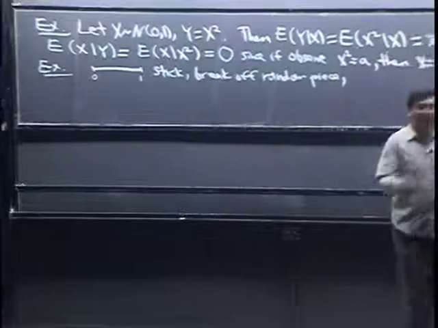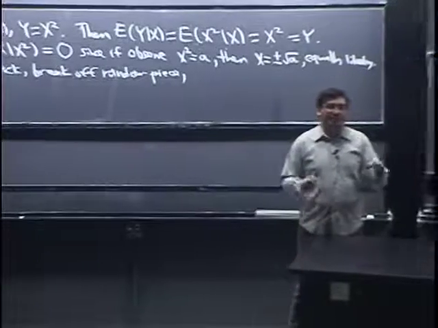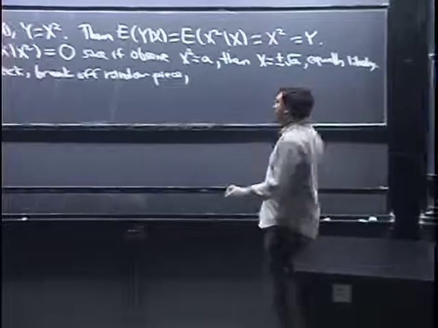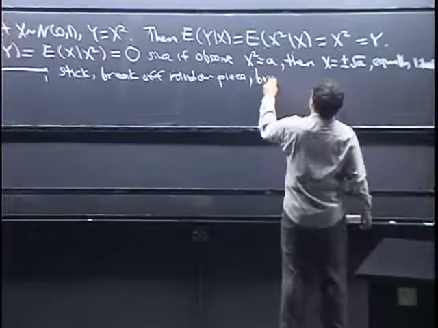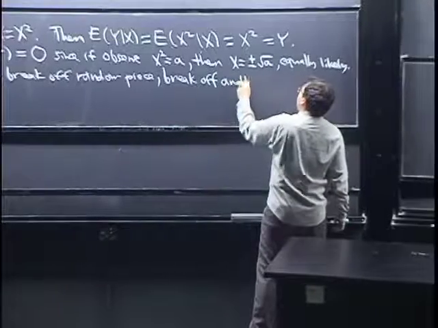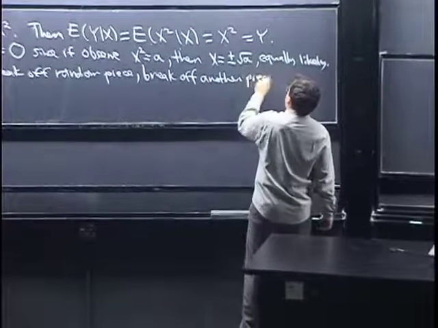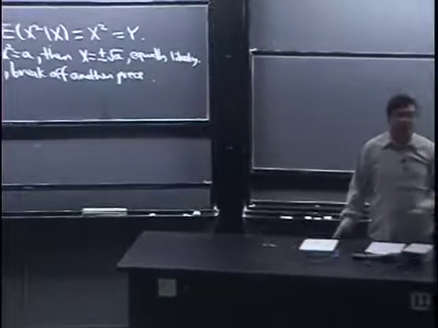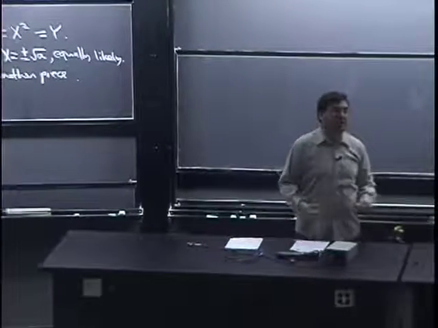So we break off a piece, we throw out the other piece. Now we have one random piece, then break that piece again, okay? And so break off another piece.